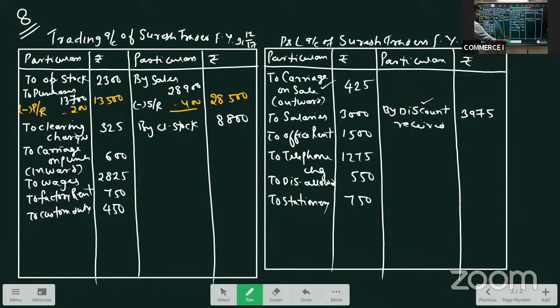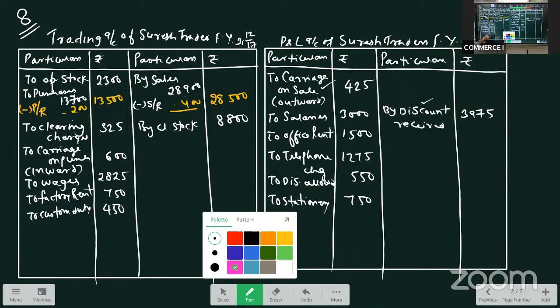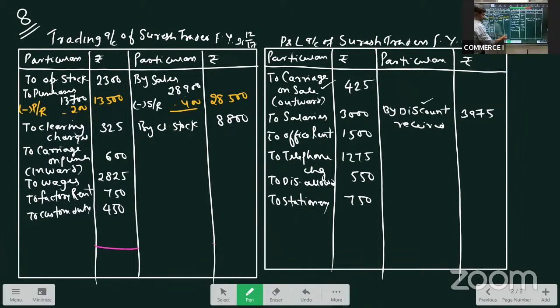First, let us close the trading account. The credit side total is 37,300. Then let us see what is the total on the debit side. I told you, take 3, it would be easy.